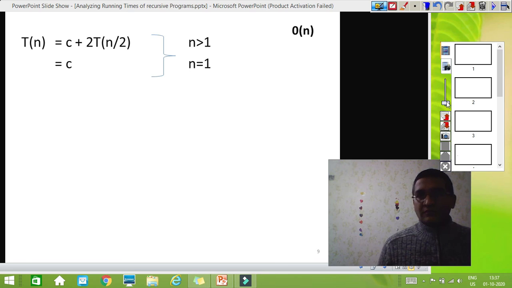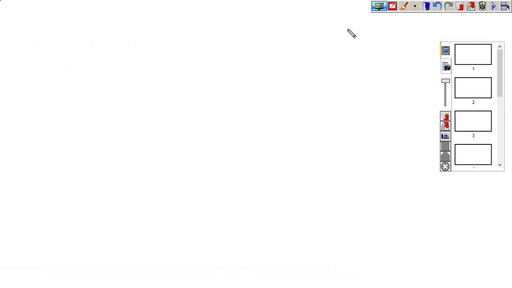So let me write here the equation, which is T(n) = c + 2T(n/2) when n is more than 1, and when n equals 1 it is 1. So let's see. Again we will use the same approach.